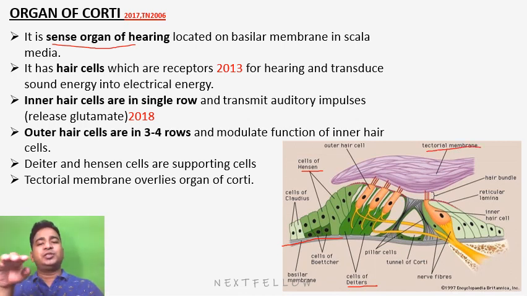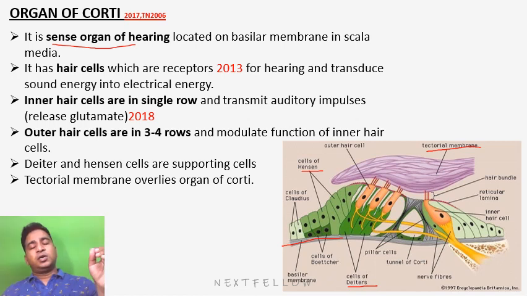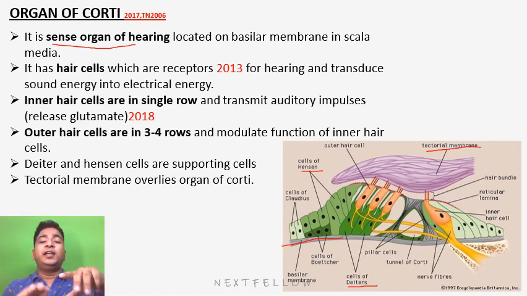The outer hair cell projections are resting in some gelatin-like material known as the tectorial membrane, and whenever the sound energy hits, suppose, the scala vestibuli, it is then transmitted to the scala tympani. So this parallel movement will cause the movement of the basilar membrane, and thus this mechanical energy will be transmitted to the organ of Corti, leading to stimulation of the hair cells, and then these hair cells will convert this mechanical energy into electric energy, which is transmitted by means of the auditory nerve.